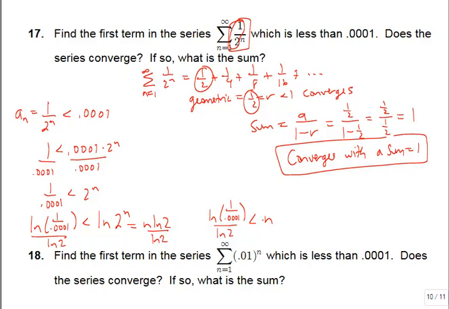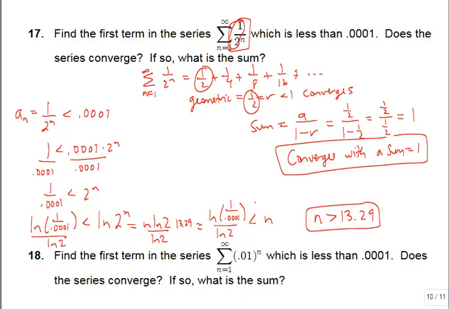As soon as we hit an n greater than that, then that term, that fraction up here, will be less than 0.0001. And if you punch that into your calculator, this is about 13.29. So if I choose an n like 14, I know for sure that this term will be less than 0.0001. So we need our n to be greater than approximately 13.29.